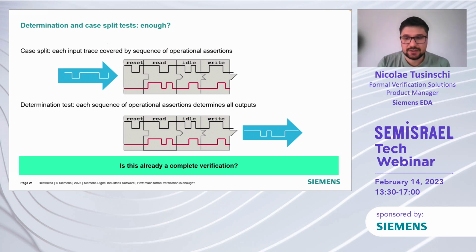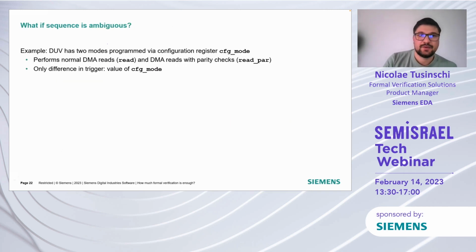Well, the follow-up question is actually, what if the sequence is ambiguous? An example for this is, let's take a design that has two modes programmed via a configuration register, which we call config_mode. It performs normal DMA reads, which is the read operation, and then we have DMA reads with parity checks, which we shortly call read_part.